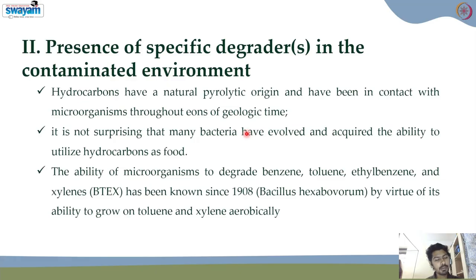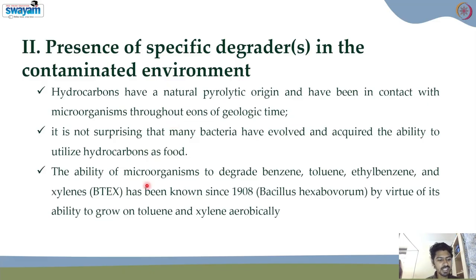And over these millions of years, what happens? The microorganisms are constantly exposed to the hydrocarbons, and they evolve, and now they have the capability to utilize these hydrocarbons as their food and degrade them as much as possible. So this is one example with regard to the hydrocarbons that are present in nature.